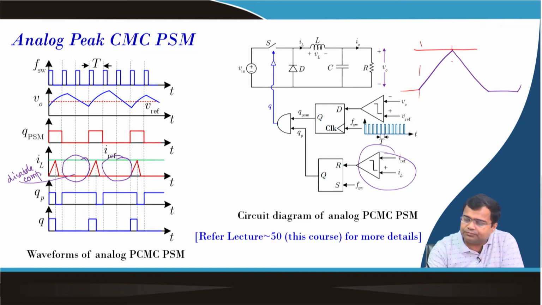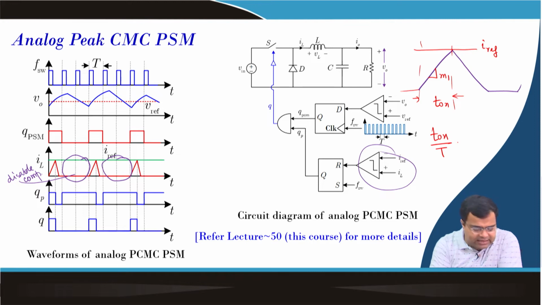Now, if you see this on time T on, and this is the slope of the current, and this is I ref. So, what is your T on? Instead of T on by T, you can say it is a duty ratio, that will be much easier, D into T. Then D into T into M1 is equal to I ref.